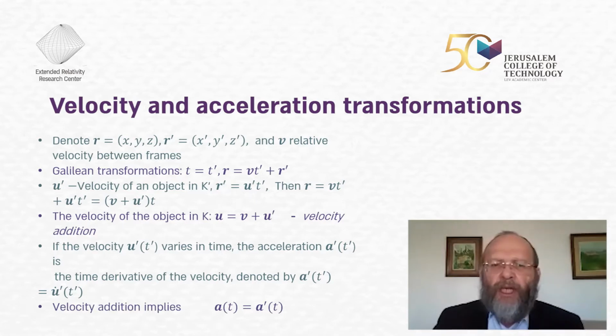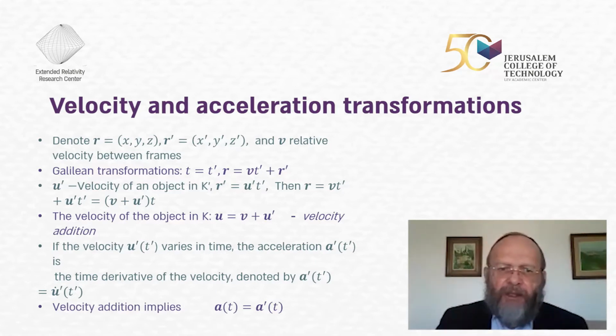If we look at this formula, we have u of t equals v plus u prime, where v is constant, that's the relative motion between the systems, and u prime depends on t. When you differentiate, you get a of t; v gives 0, and we get a prime of t.